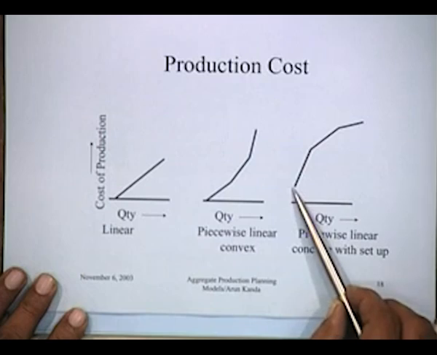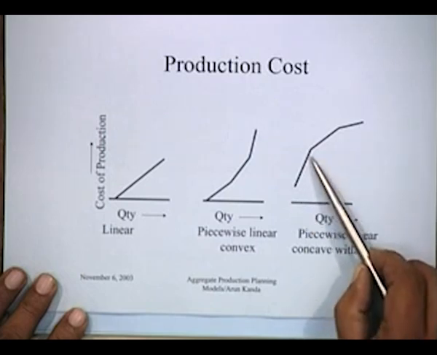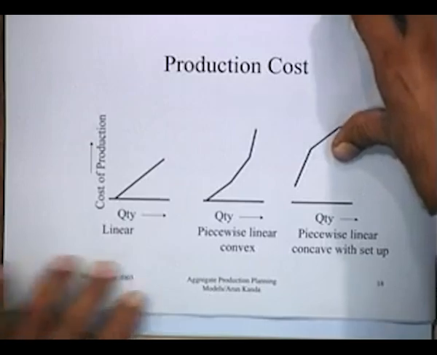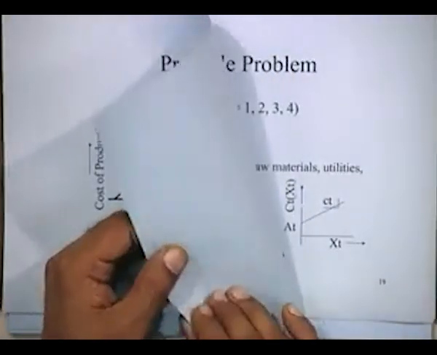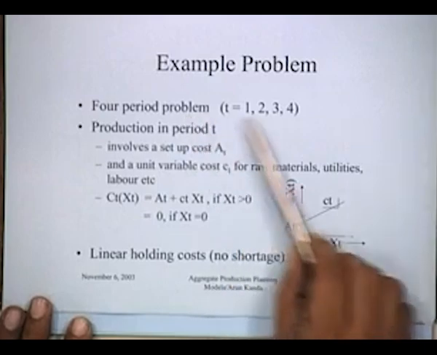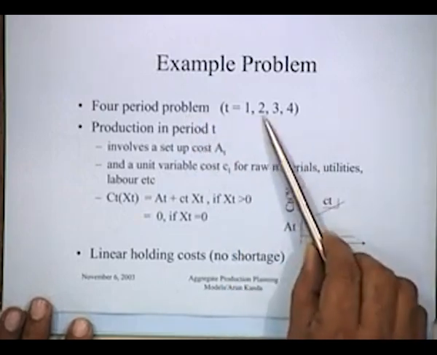You've set a setup cost and then these are of this nature. So production costs can also be of this nature. And for defining our problem, let's consider a situation that we are dealing with 4 periods as before. T is equal to 1, 2, 3, 4.